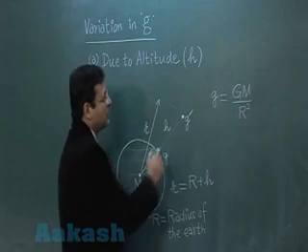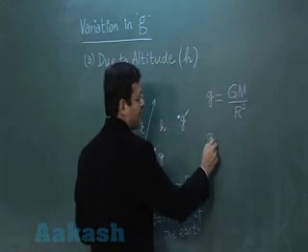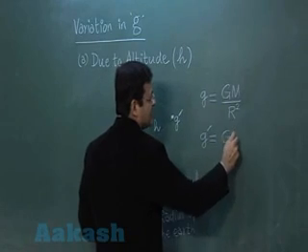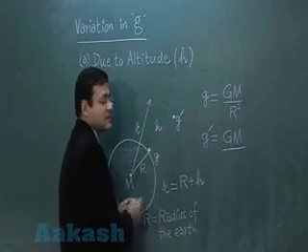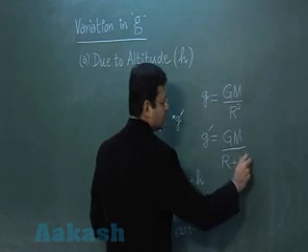But if you talk about the acceleration due to gravity at this point, that is g dash, then it will be written as G M upon this entire distance, R plus h, whole square.